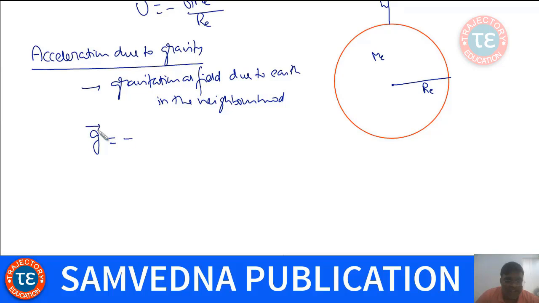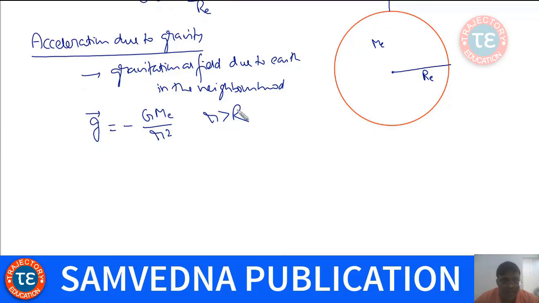So what is this g equal to? g will be minus G Me by R square. Or you can say the gravitational field outside earth is going to be minus G Me by r square.